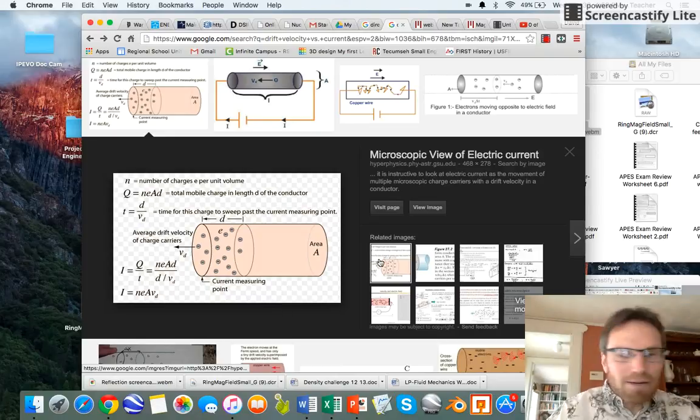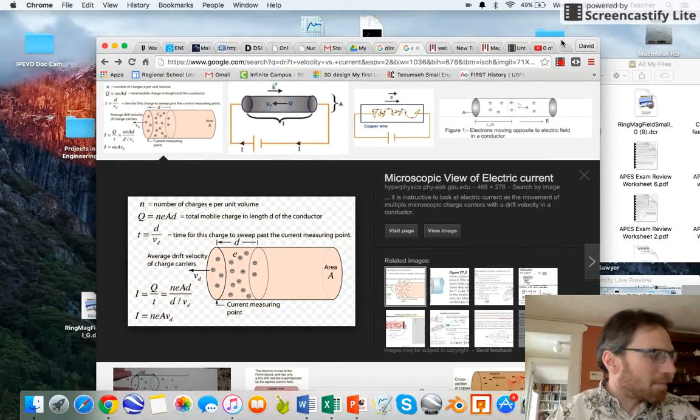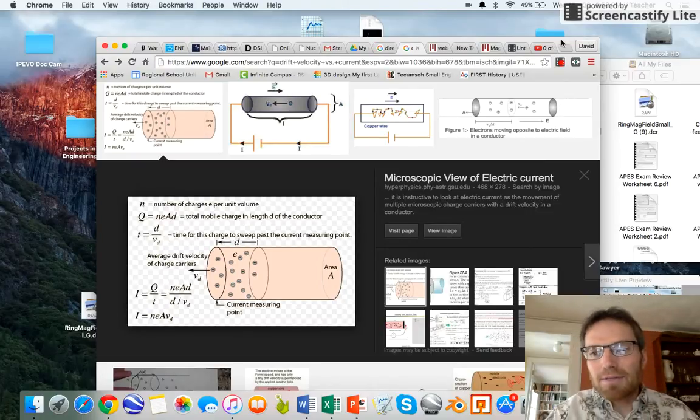And I guess I'll mention one more thing in terms of the lab. Like I was ending the last screencast, I was wondering if this wouldn't necessarily be a good paradigm lab to use to determine what's happening in the wires.